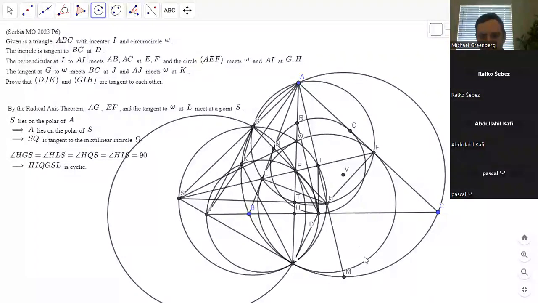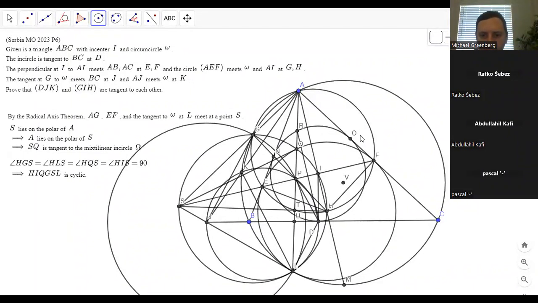But I think maybe showing that J is the center of this can help solve the problem. Because I want to show this is an angle bisector, and if J is the center of this circle, I would want to show, are DP and DL both tangent to that circle? Actually, I don't think that's true. BAL and BCL are similar.